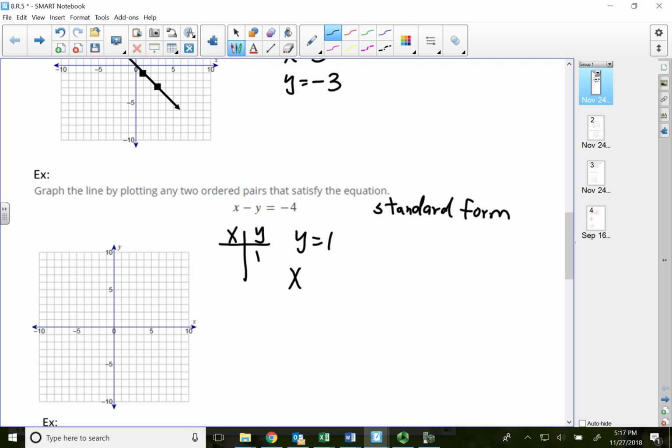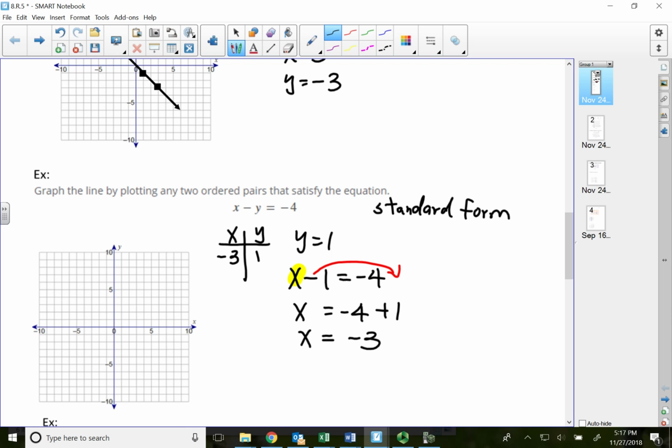That will be x minus 1 equal to -4. Since my variable term is positive, I'm going to let it stay here. When I'm picking for y, that means I'm solving for x. Move the -1 over. That will be x equal to -4 plus 1. The -1 comes over and becomes positive. Therefore, x equal to -3. So when I pick y to be 1, my x turns out to be -3.